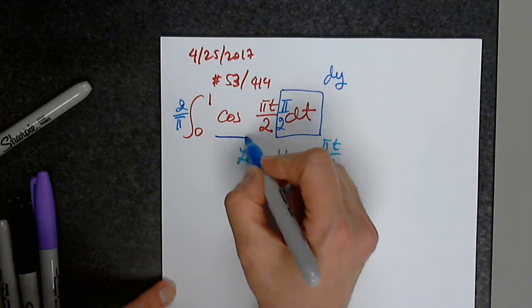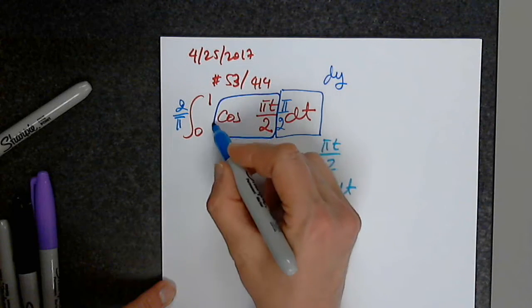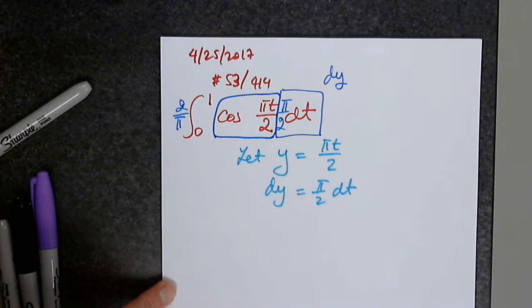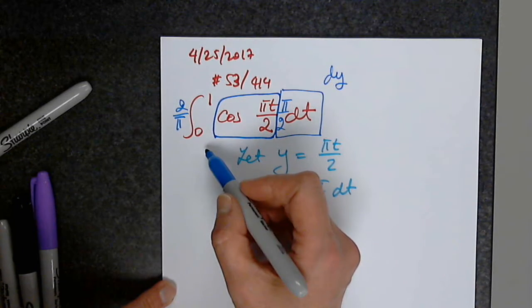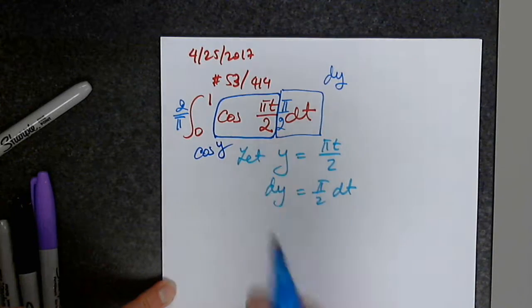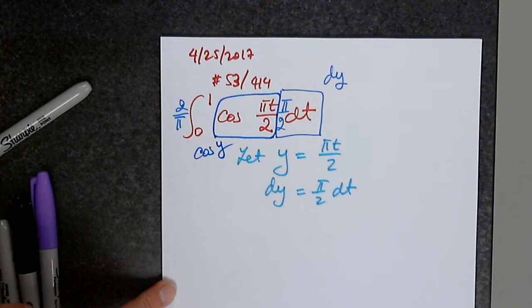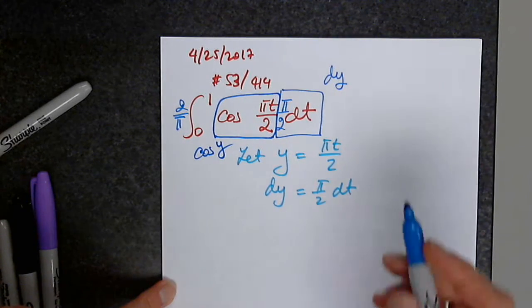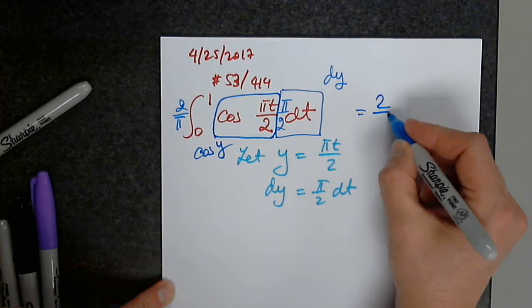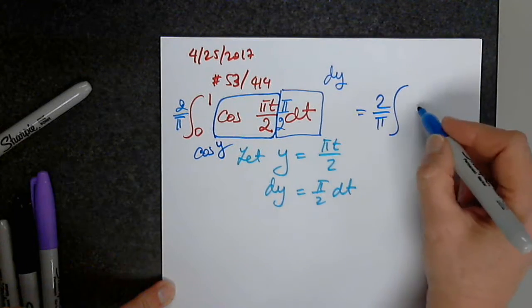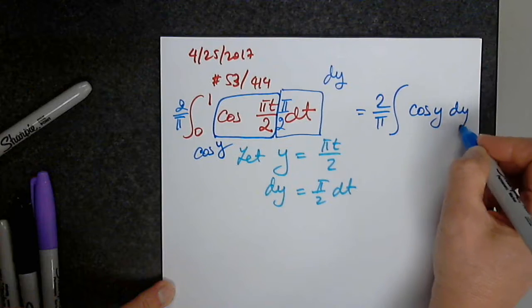And what does this become? So cosine. Very good. So now the new integral is 2 over pi, the integral of cosine y dy.